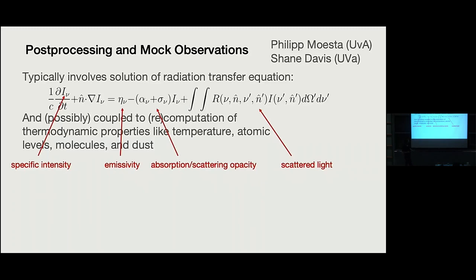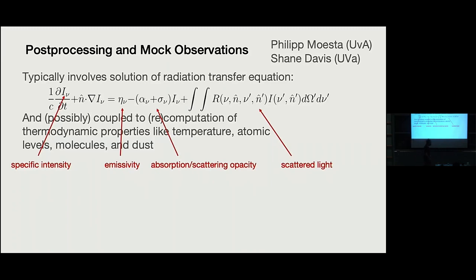What becomes hard for a lot of post-processing is when this is a function of level populations, and those level populations depend on the intensity in the radiation field, or when you have scattering and you've coupled angles together and turn this into an integro-differential equation.